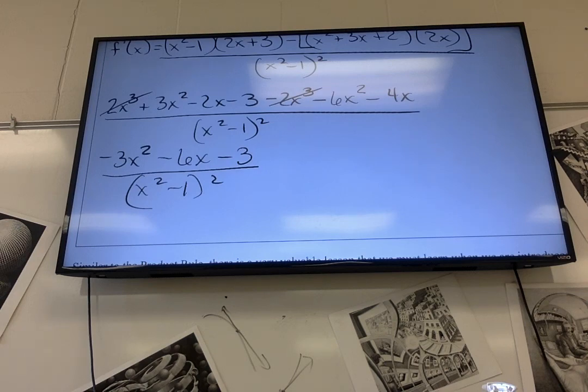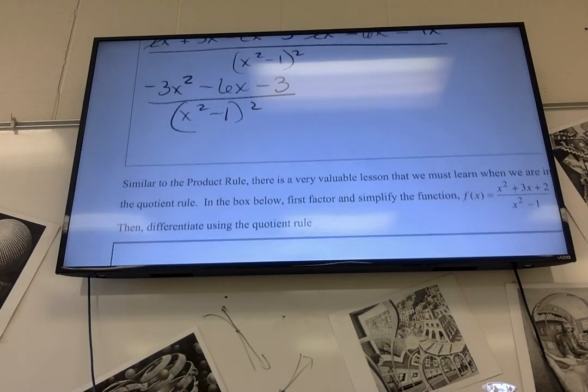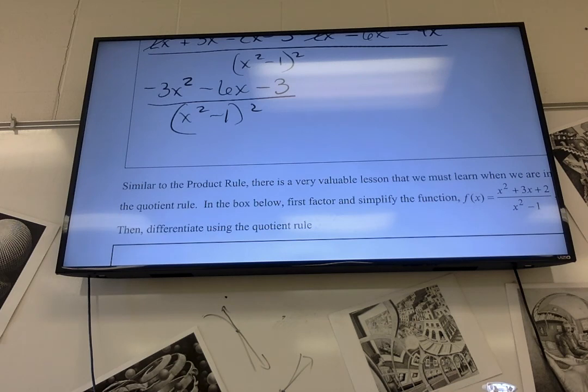But we've got to get it to match this. You're going to factor out a 3. We got to do a bunch of factoring. See, there was a reason we spent all that time on factoring way back in the day. So if we factor out a negative 3, it leaves me with x squared plus x plus 1.